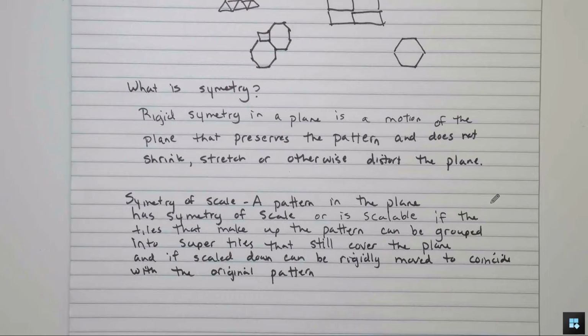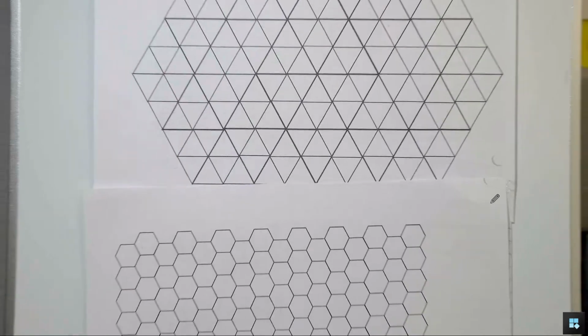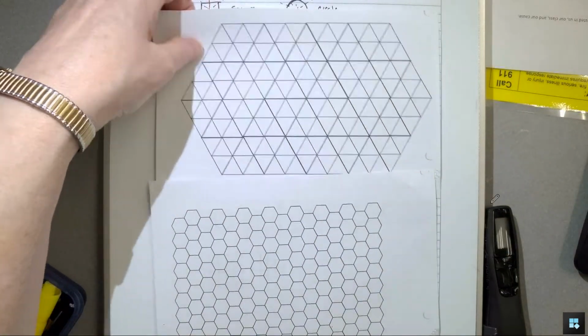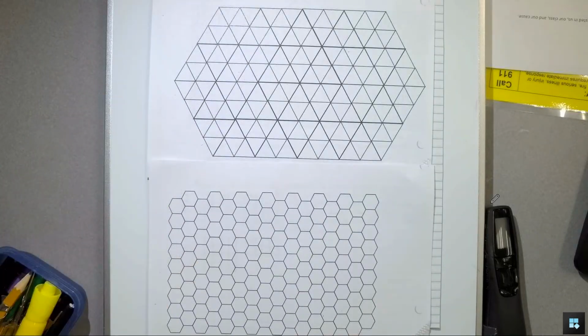Look for super tiles that have the same shape as the original tile. And you can go ahead and outline a super tile, okay? And see if you can find multiple super tiles.